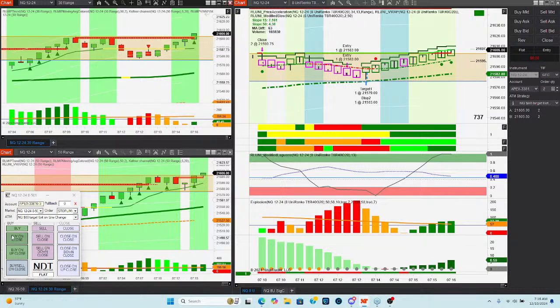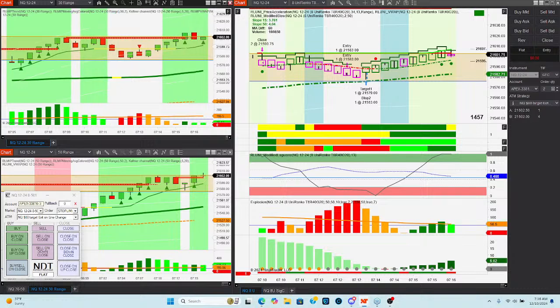What I'm using as my, I guess you could call it your server, my data provider, is through NinjaTrader, and I have an additional one through Rhythmic.